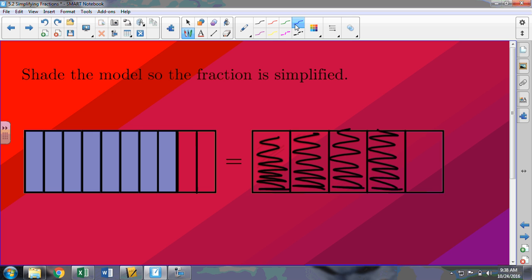If not, well, you can always count it. 1, 2, 3, 4, 5, 6, 7, 8, 9, 10, and then just simplify the fraction. If you divide out by 2, you get 4 over 5, telling you that 4 out of the 5 should be shaded in. You could do it visually or numerically.